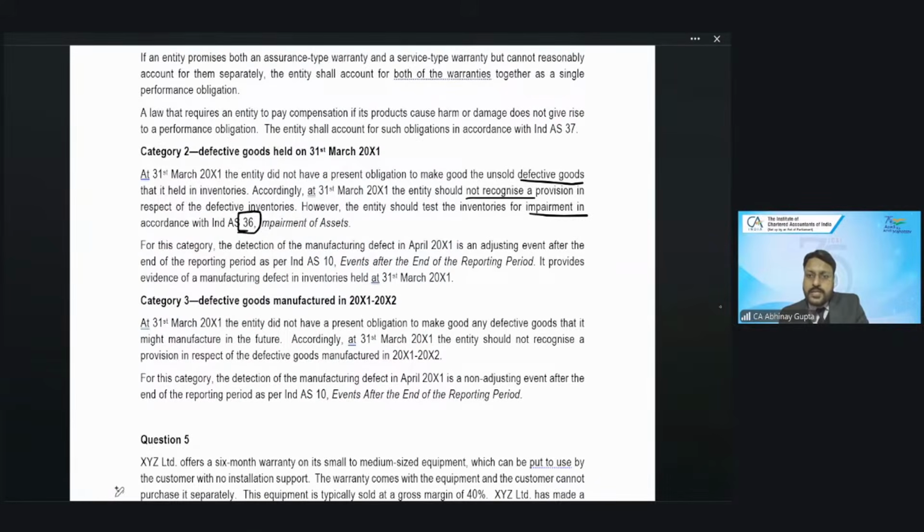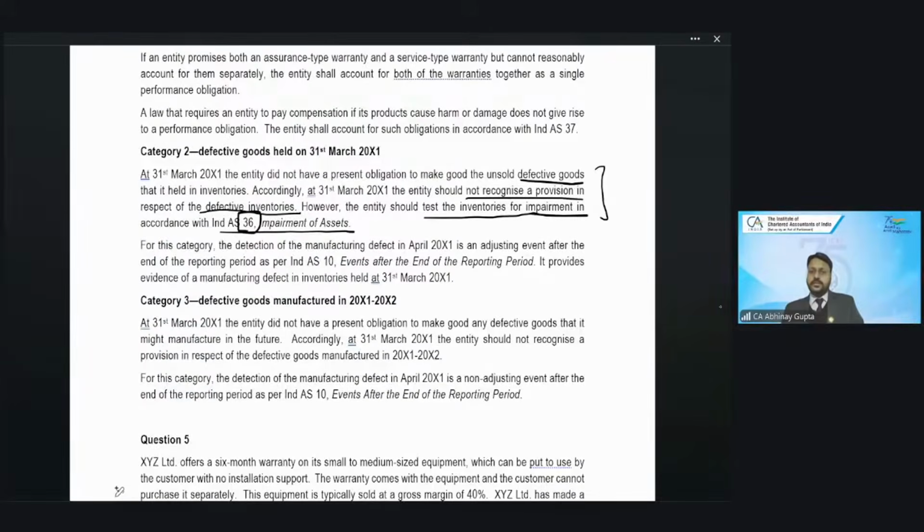They need to recognize a provision in respect of the defective inventories. However, the entity should test the inventories for impairment as well in accordance with Ind AS 36, Impairment of Assets. So first of all, we will record a provision for obsolete inventory and we will also run an impairment test.